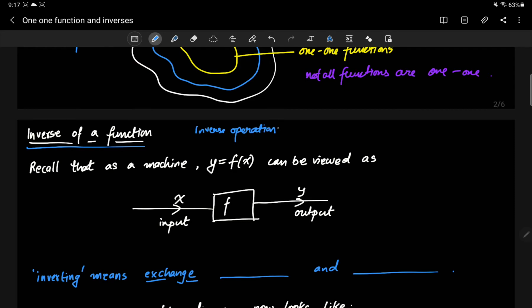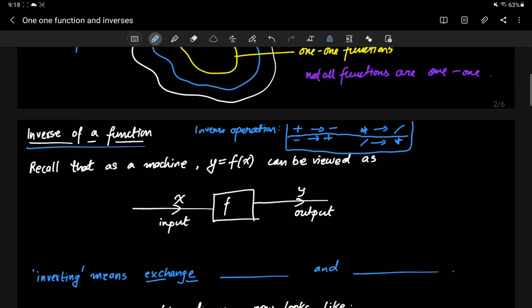In the week 1 videos, when you solve an equation you use inverse operations, like the inverse of addition is subtraction and the inverse of subtraction is addition, or the inverse of multiplication is division and the inverse of division is multiplication. So this already gives you an idea why looking for these inverses or defining inverses is important. It's because inverse operations cancel each other out and they help us solve equations.